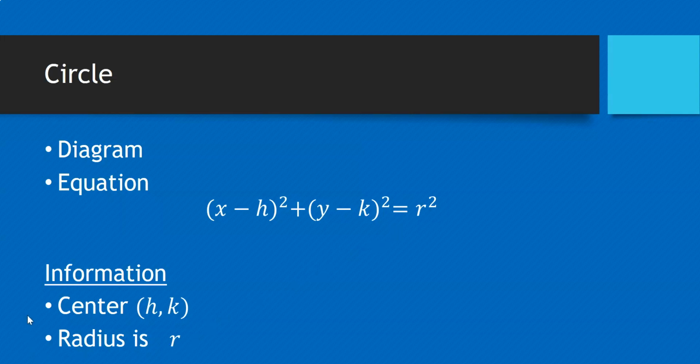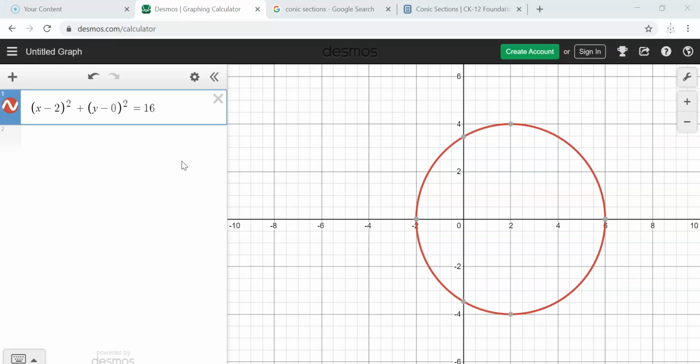So let's take a look at a graph of that. Here's a graph that I've created of a circle, and notice that it has this form. You can see this circle, (x minus 2) squared plus (y minus 0) squared equals 16.